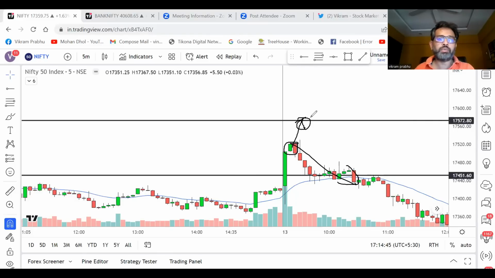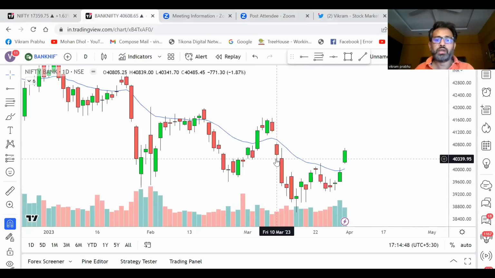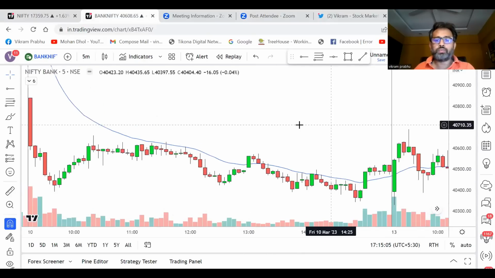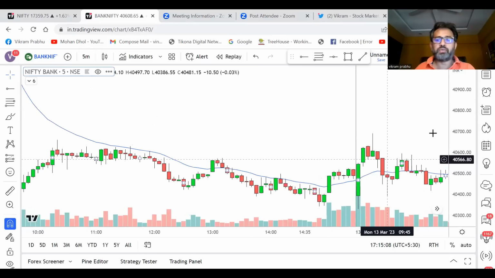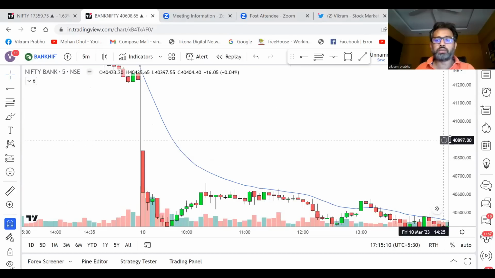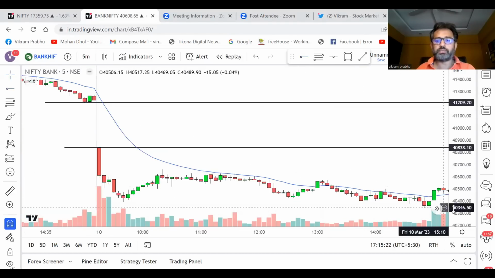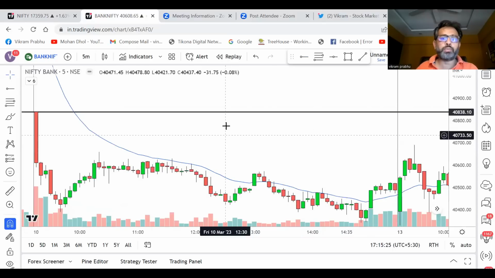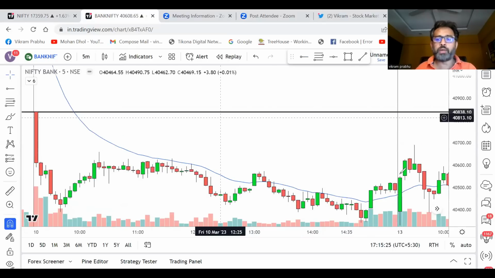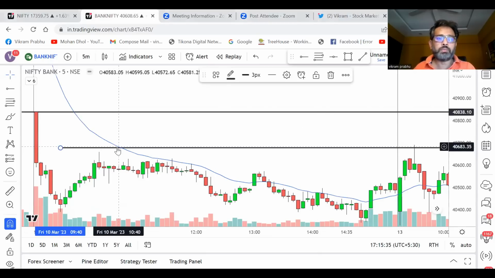Why did it reverse? Let me go to Bank Nifty on the same date. What happened on 13th March? Okay, so this is 13th March on the Bank Nifty chart. Where was the gap border for Bank Nifty? The Bank Nifty gap border was here, right? But Nifty broke the gap border, while Bank Nifty didn't. Bank Nifty in fact opened within the previous day's range, and there was a huge resistance for Bank Nifty.